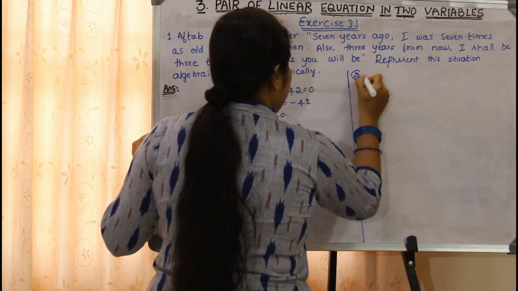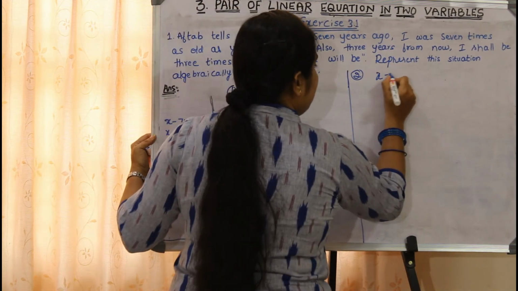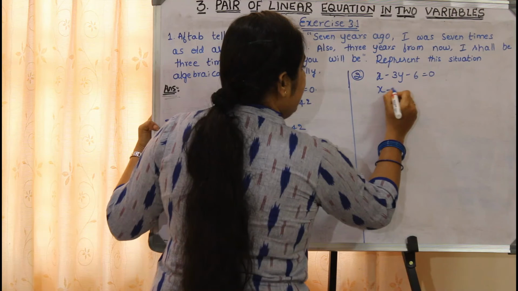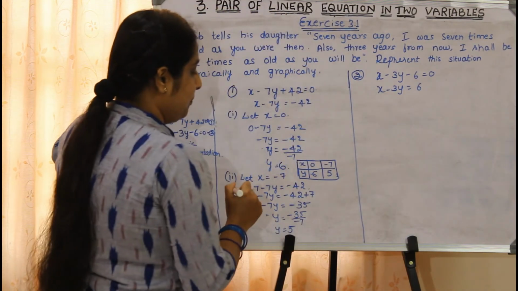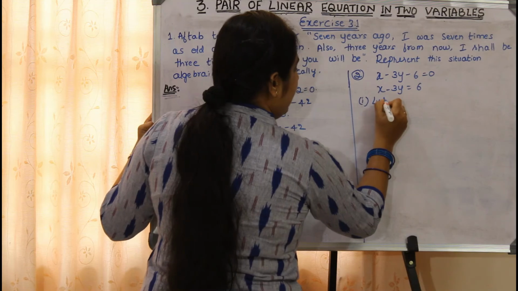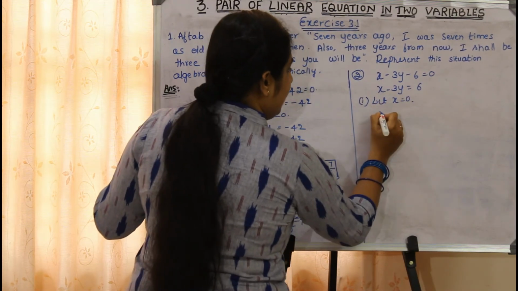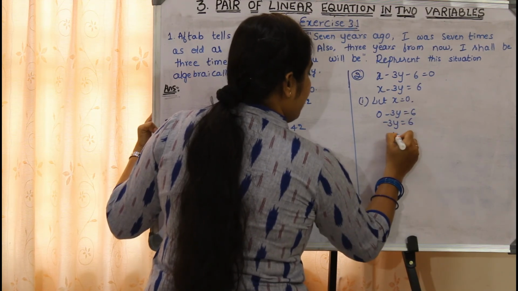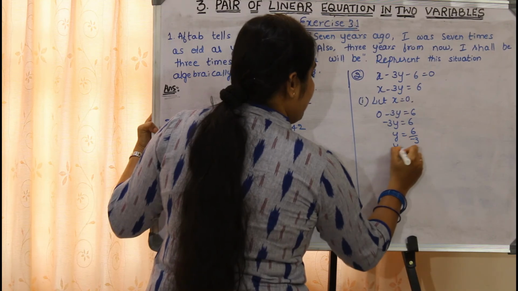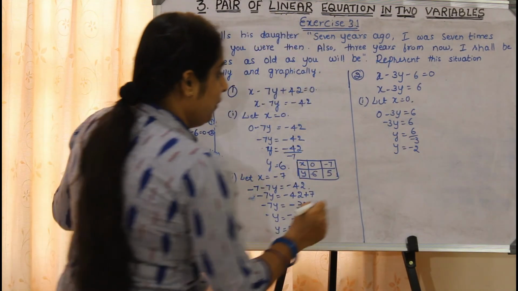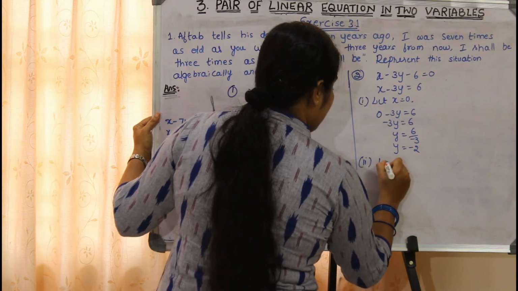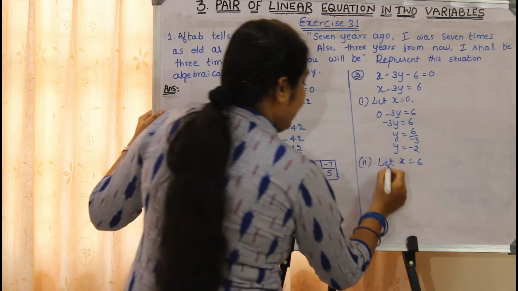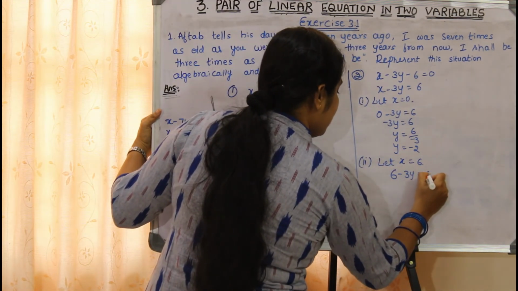Now let us go to the second equation. My second equation is x minus 3y minus 6 is equal to 0, right? Now I will write it like this, x minus 3y is equal to 6. So first one, let x is equal to 0, then this will become 0 minus 3y is equal to 6, minus 3y is equal to 6, y is equal to 6 by minus 3, y is equal to minus 2. Now the second one, let x is equal to plus 6. So now again 6 minus 3y is equal to 6.